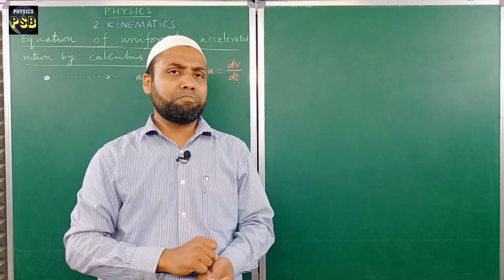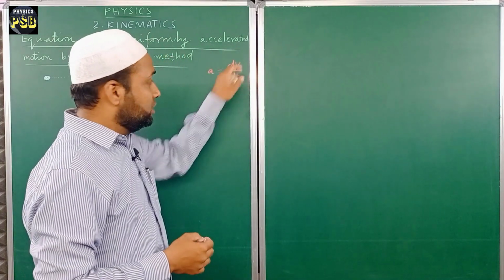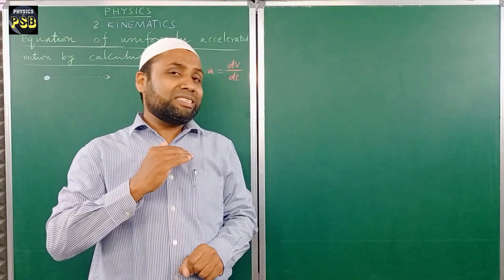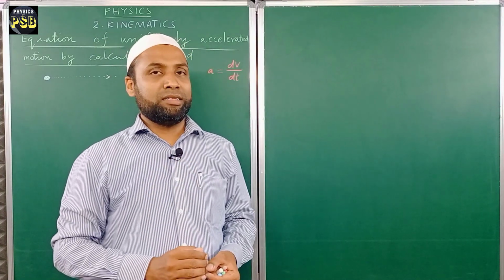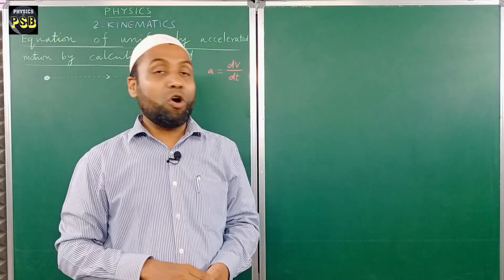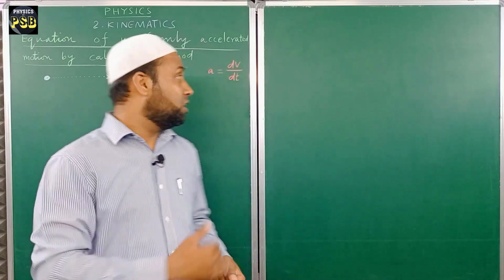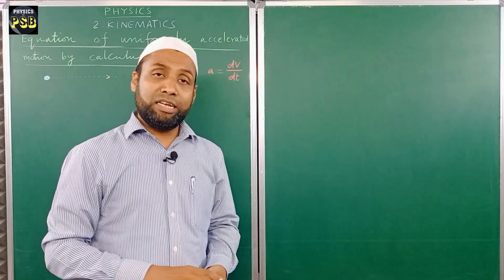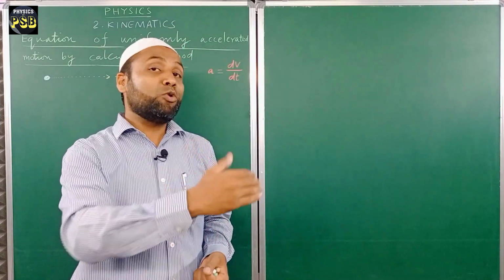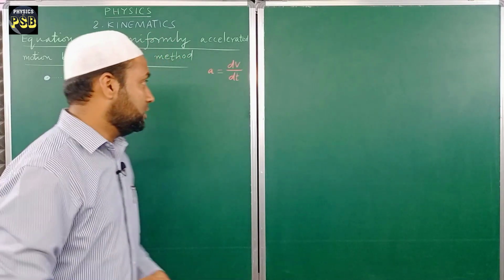If this variation in velocity remains constant throughout the motion of the object, then we call such acceleration uniform acceleration. It means velocity is increasing at an equal rate. Clear? Let's go ahead.